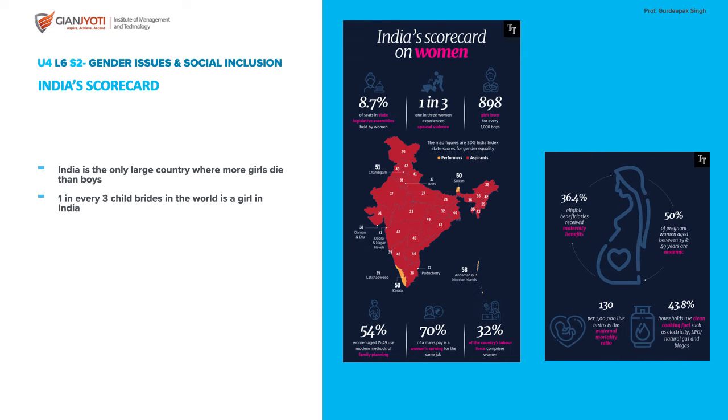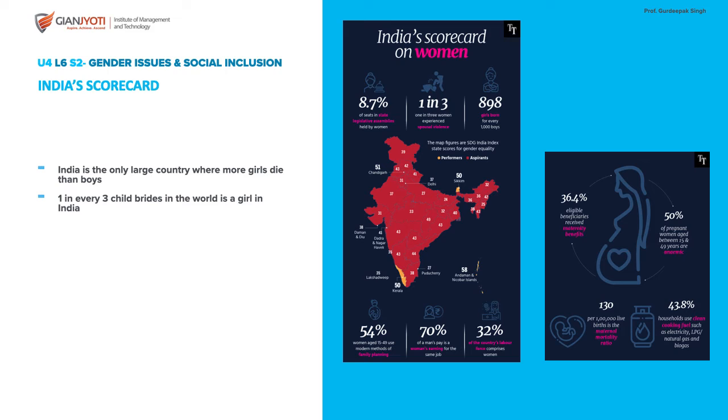Some more stats to understand where India stands. For the maternity benefits which the women are eligible for, only 36.4% have received these benefits. 50% of pregnant women aged between 15 and 49 are anemic, half of them.